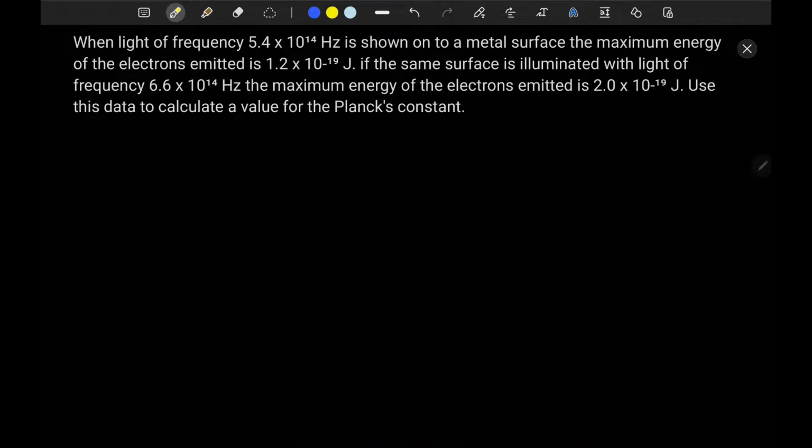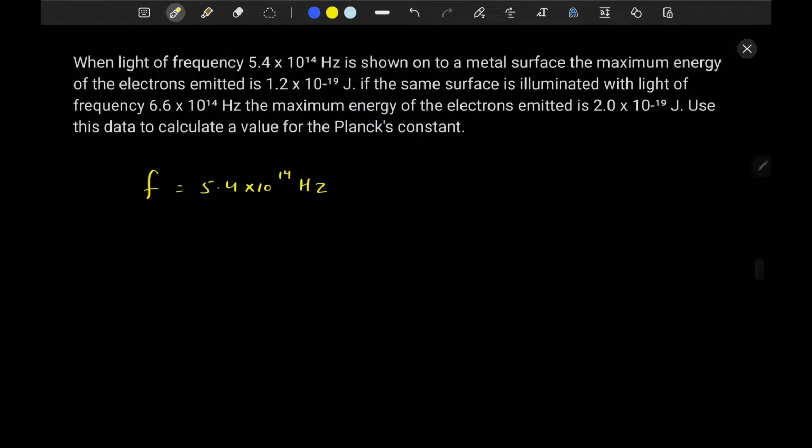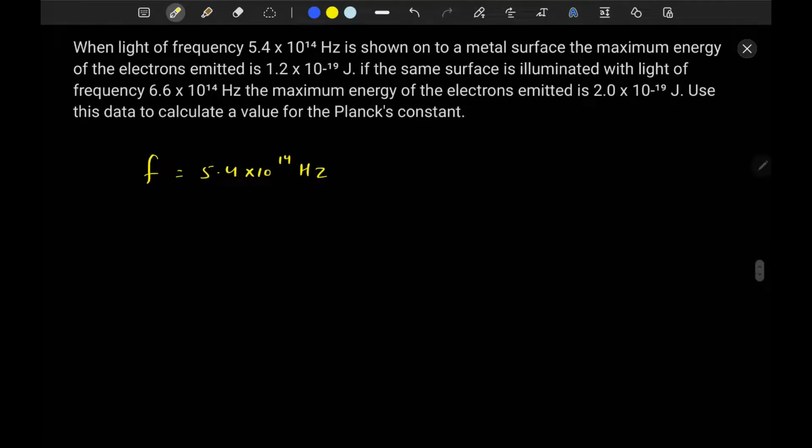So here is the next question. When light of frequency 5.4 into 10 power 14 hertz is shone onto a metal surface, the maximum energy of electron emitted is 1.2 into 10 power minus 19 joule.